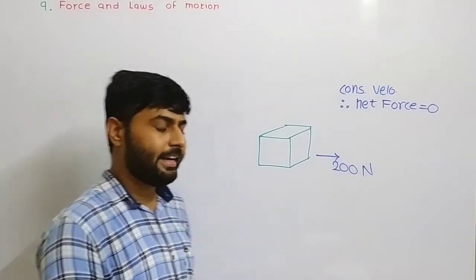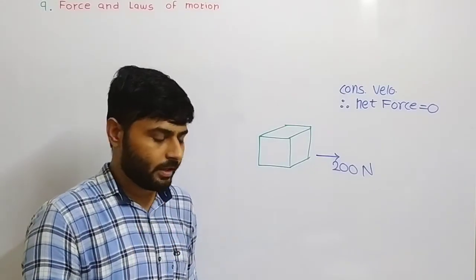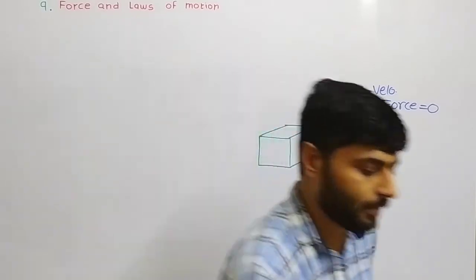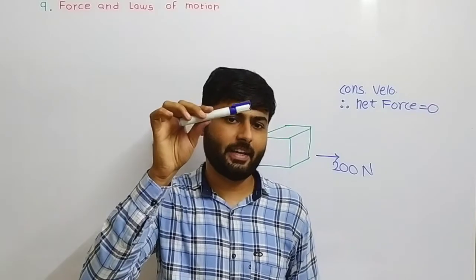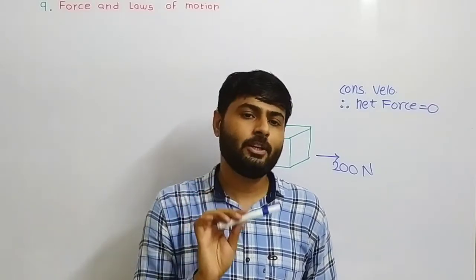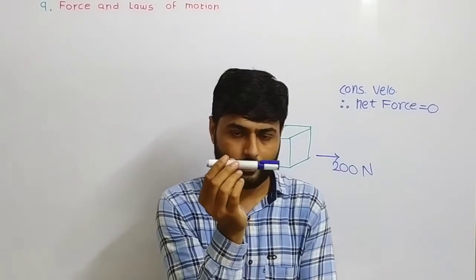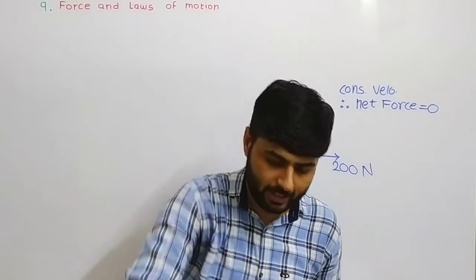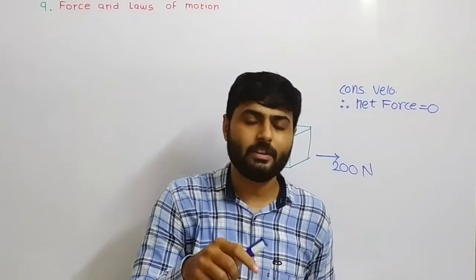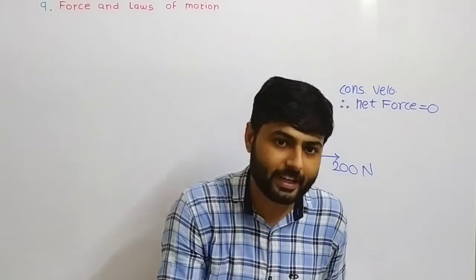So to maintain net force zero, what should I do? For example, if I want to hold this pen here, what do I need to do? I need to apply force on it. Which kind of force? If I release this pen, what will happen? It comes down, which means there is some force acting in the downward direction on this pen.